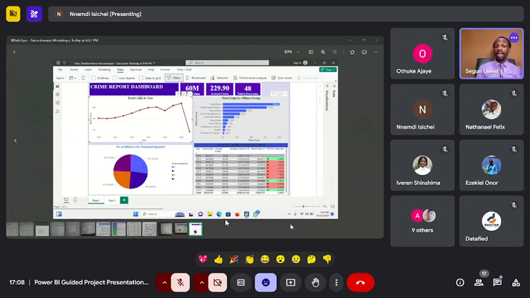All right, cool. Then next time, as Otuke pointed out, when you put anything on your chart and you don't know how to explain it, I would advise you to remove it. I noticed that you struggled explaining the year. Some of your descriptions were inconsistent. I will advise next time, before you put anything on the dashboard, make sure you understand it properly.